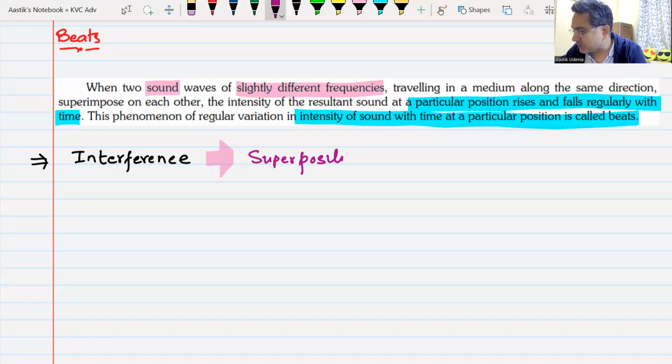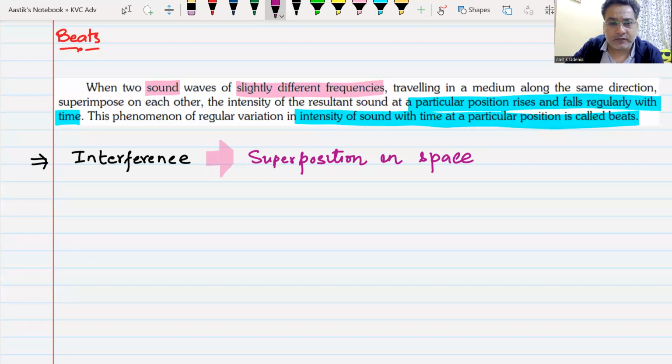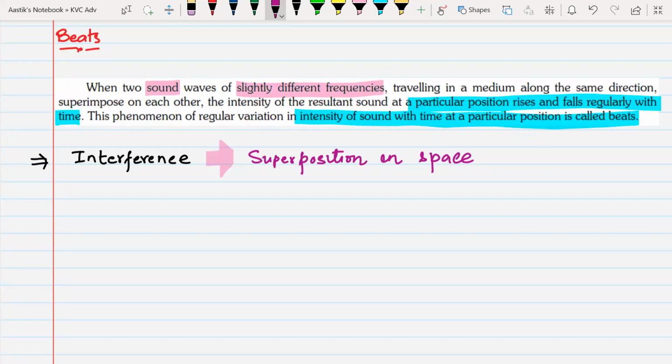Interference is the superposition of two waves of same frequency, same direction, and it is superposition in space. At different points, you will get maximas and minimas, not at the same point. So we call it superposition in space.